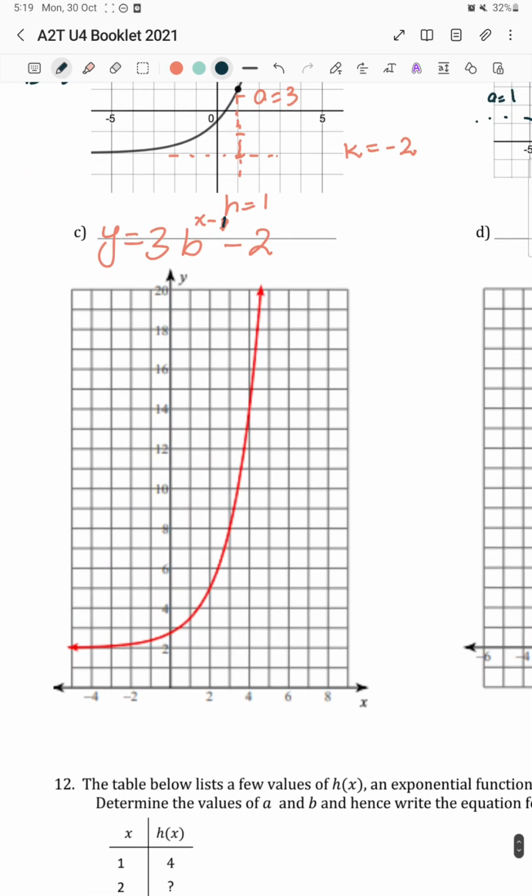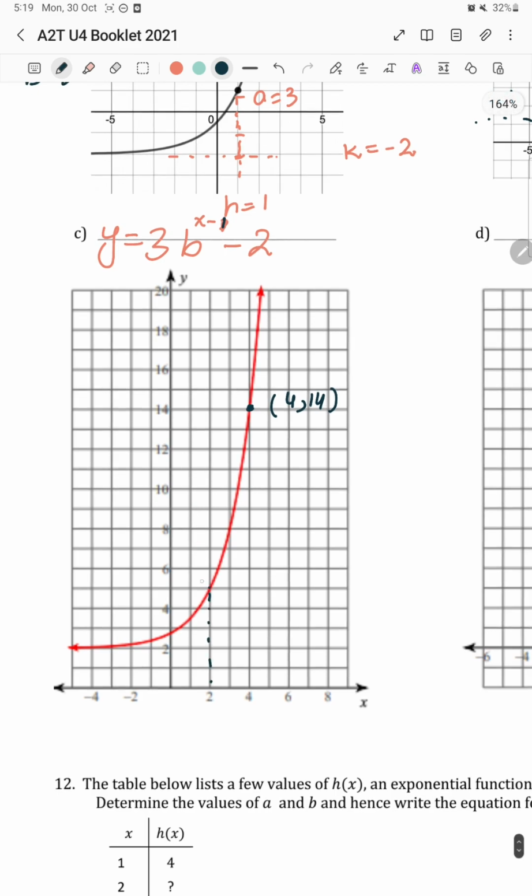Okay, so for this graph we have a point, let's say over here the point is 4, 14. Let's say another point over here, one, 2, 3. A is equal to 3, h is equal to 2, k is equal to 2.